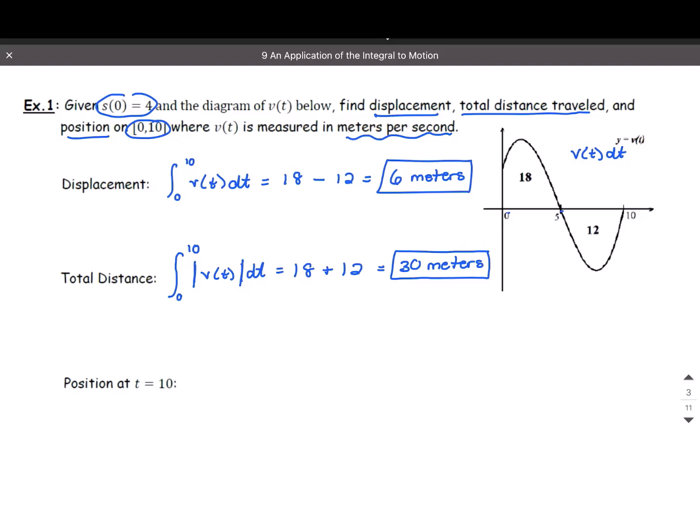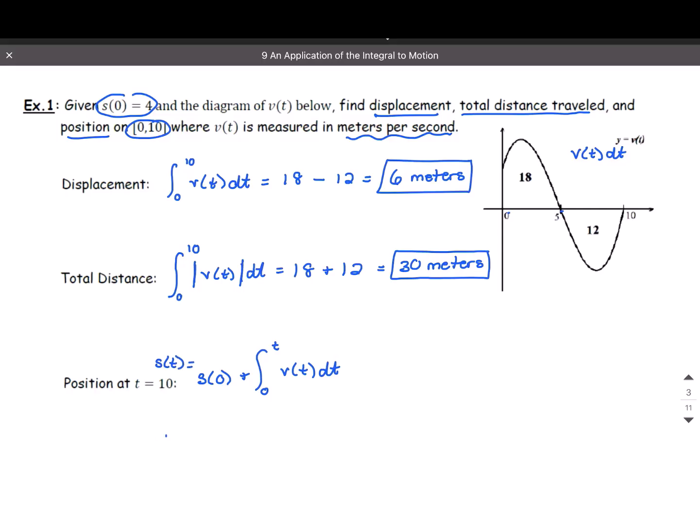Now the position at time 10, remember, we know the position at time 0, so we can do s of 0 plus the integral from 0 to t of the velocity at any time to find the position. That's how we would find the position at any time.